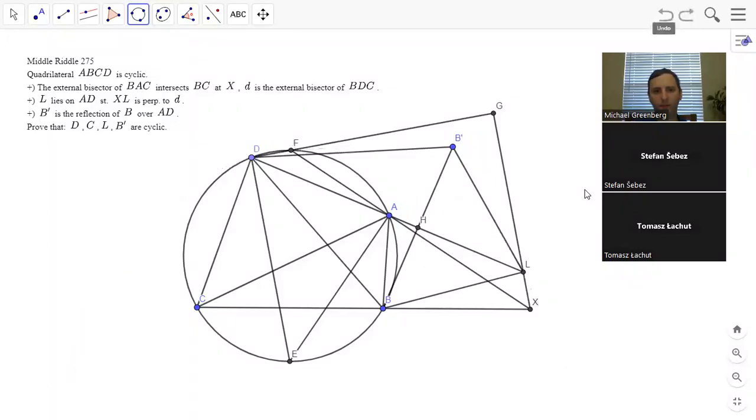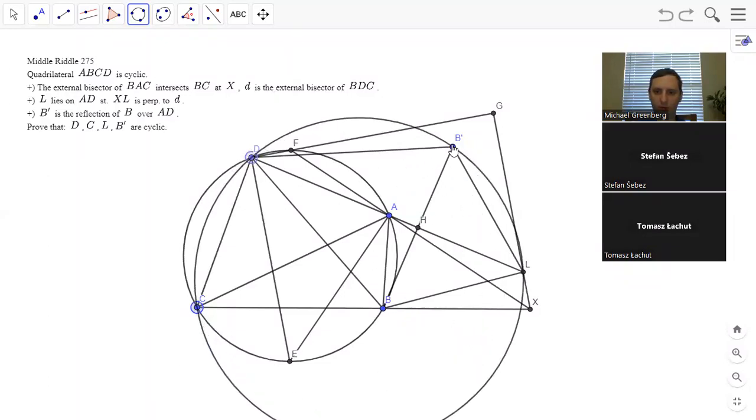No. So yeah, can we find any similar triangles or cyclic quads here? Or is there any other point on this circle that looks interesting?